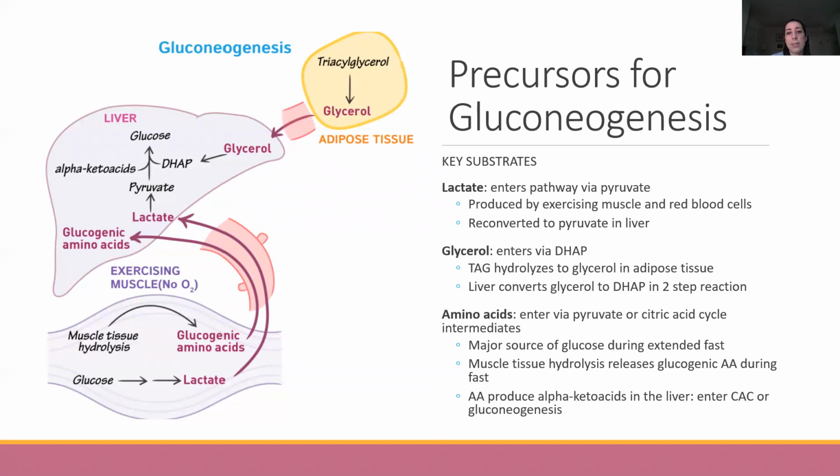One way you can get a precursor to gluconeogenesis that's not actually directly from fats is through glycerol. Glycerol often comes from triacylglycerols, which is a part of fatty storage of fats, right? It's the backbone to those fats.